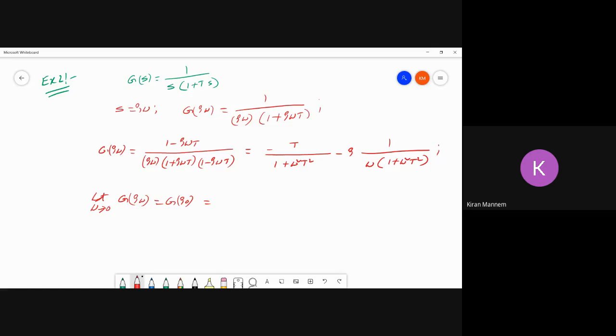So the real term will be minus t here, and minus j into 1 by omega, where omega value is 0. 1 plus 0 is 1, 1 into 0, so 1 by 0 is j infinity. Right, so this is your first point.